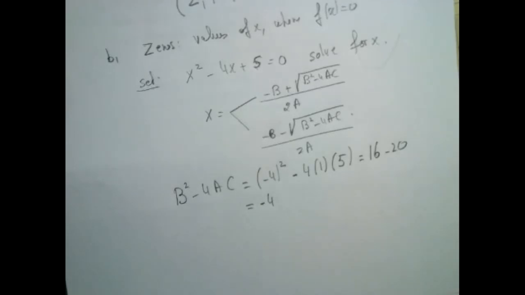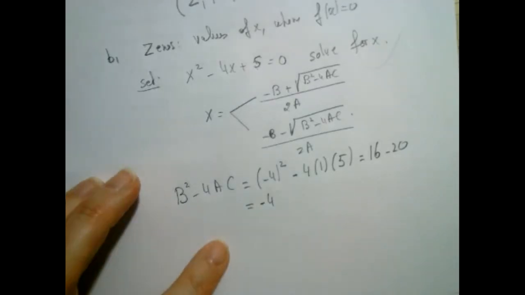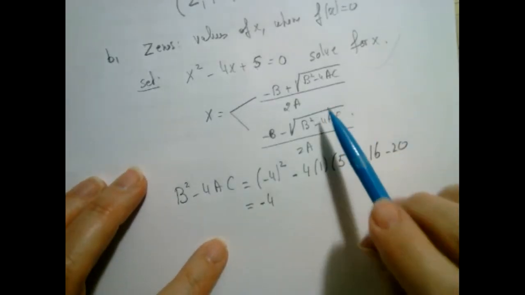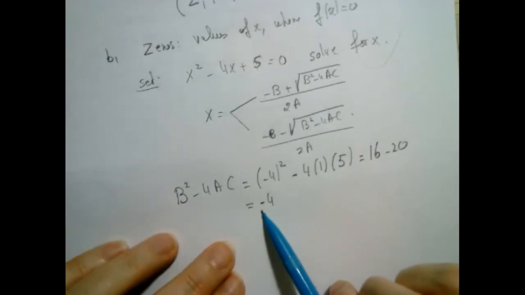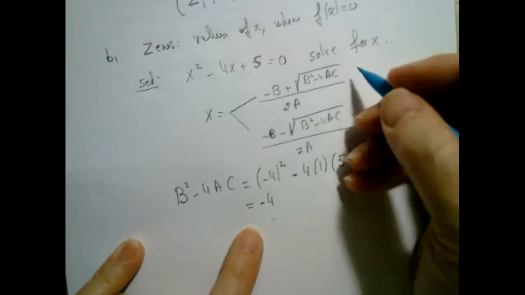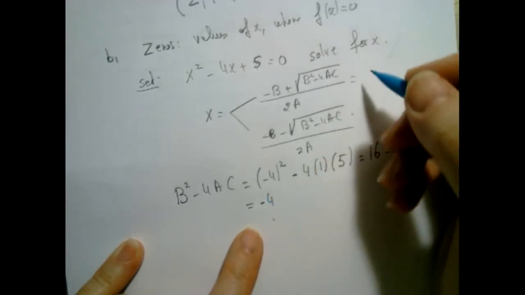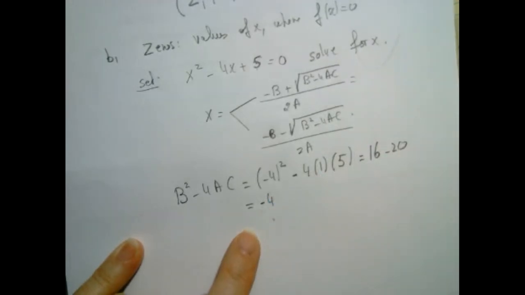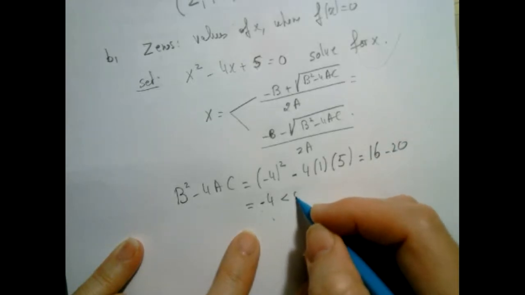All right. What does it mean? If I get b squared minus 4ac equal negative 4, remember here, I need to put it under the square root. So what does this mean? Exactly, that's a negative number.